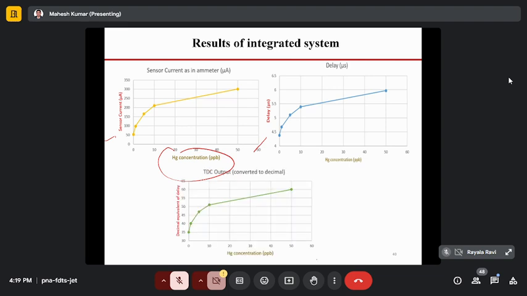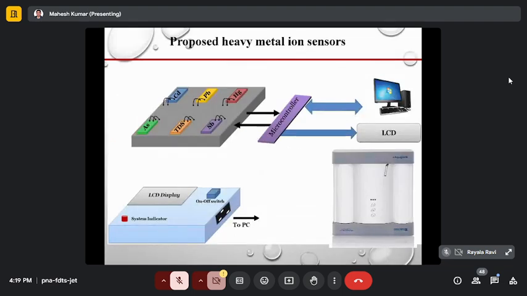There is a change, and these are the decimal numbers. Now these decimal numbers we can set, and accordingly we can make the complete setup. So from the device to the complete setup we can make, and then we can monitor how much is the concentration of these heavy metals.